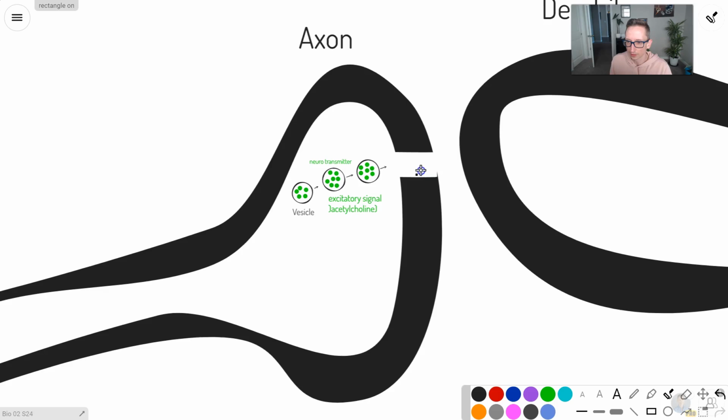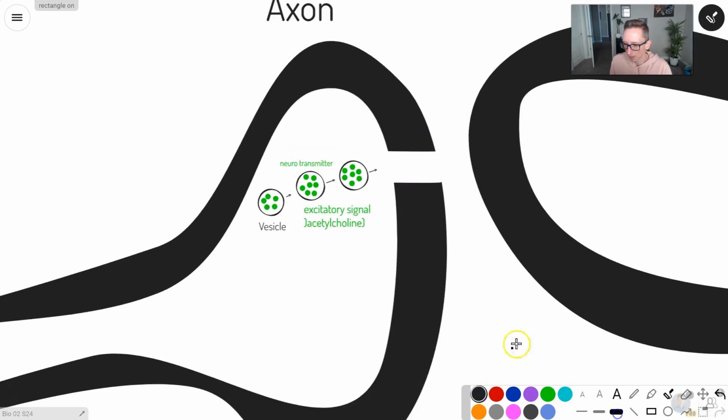Looks a little fat there, that's okay. So this vesicle is now fused with the membrane and it's going to dump its contents, its neurotransmitter. All right, out into this extracellular space. And what that's going to do is it's going to bind to a little channel.